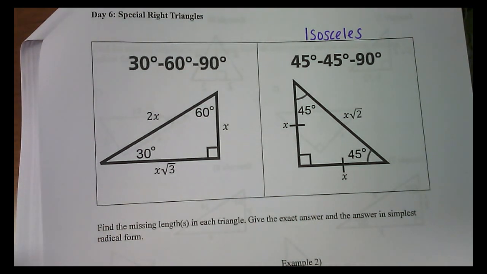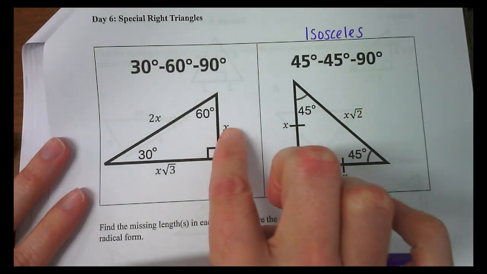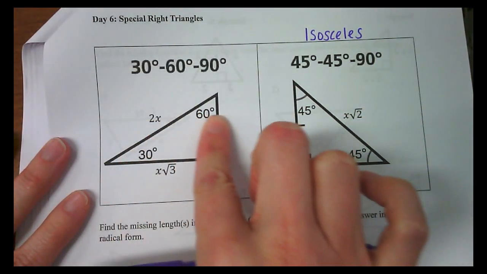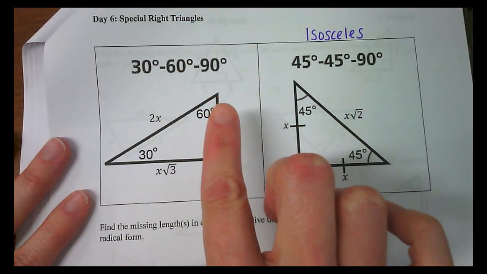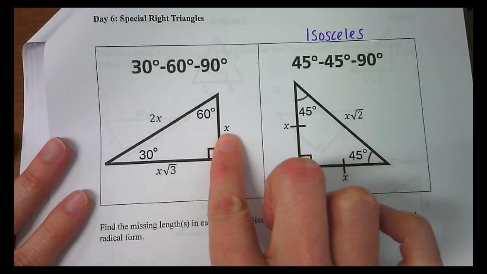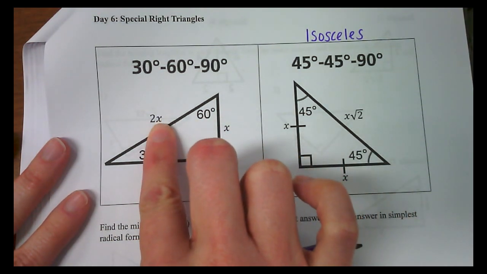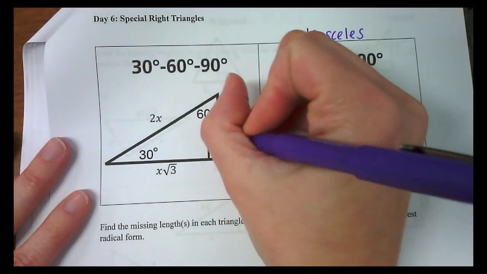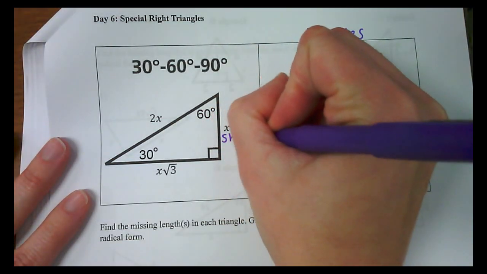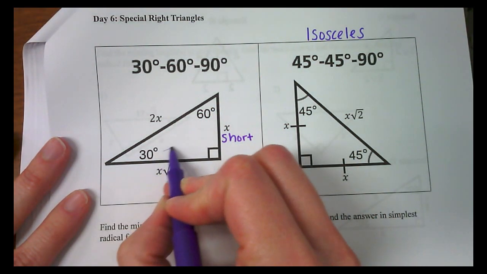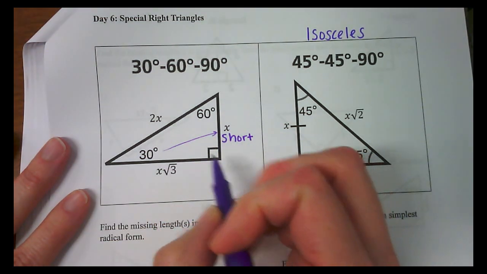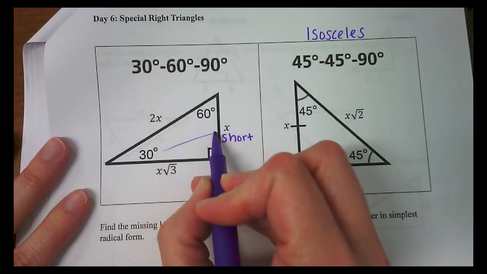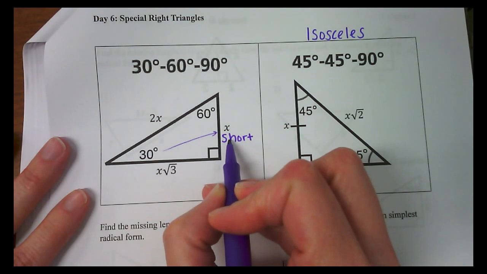This is probably a little bit confusing. The special relationship here is that whatever the shortest side is, the hypotenuse is double it. So this is the shortest because it's across from the 30. It's the smallest angle, so across from it is the shortest side.